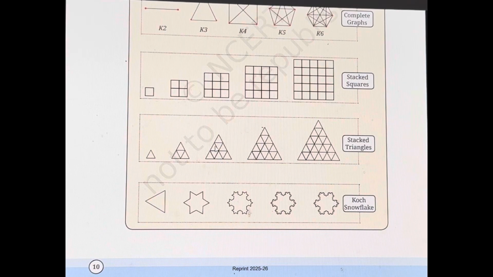So 1 plus 3 plus 5. So odd numbers are being added to get the stacked triangles, right? This we have seen as a number sequence earlier, how we add the odd numbers and we get the square numbers. But here it is represented through a shape.